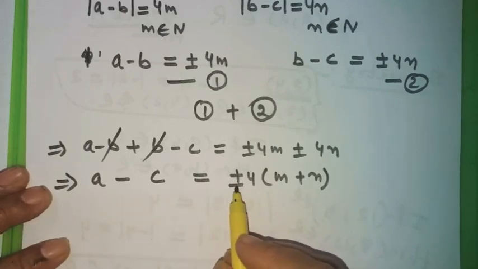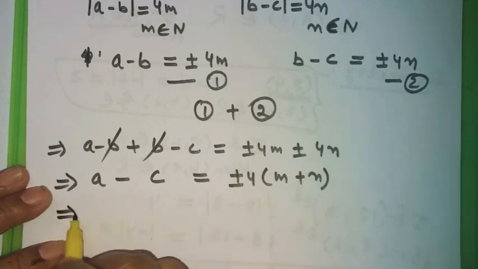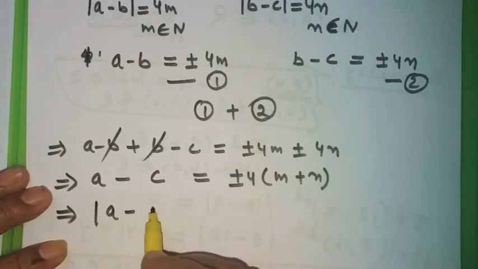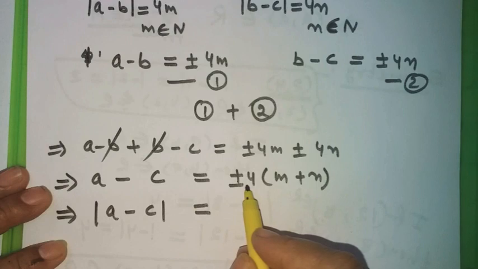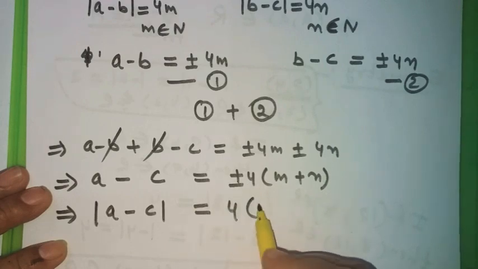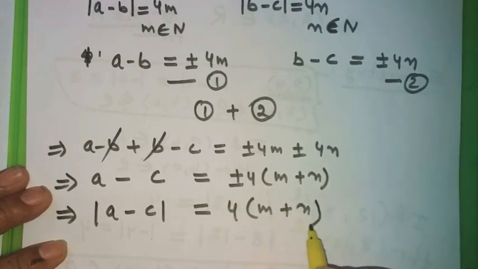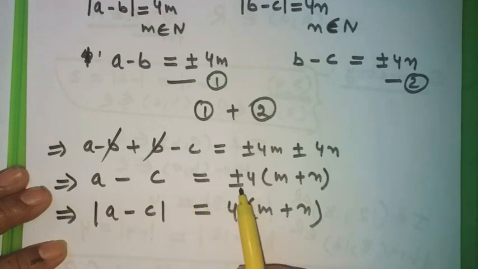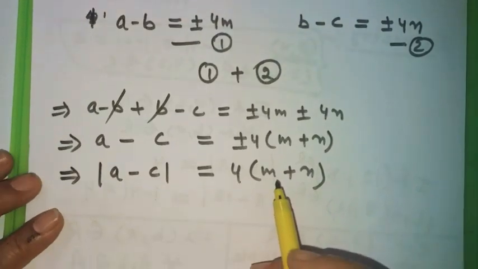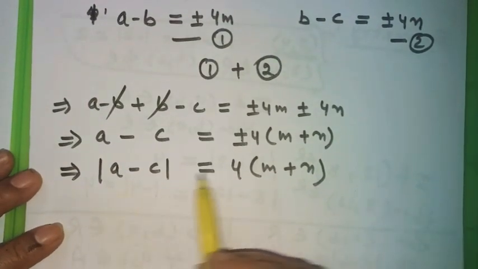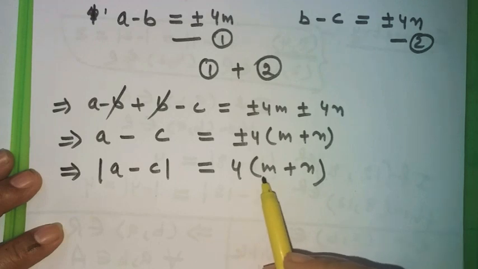If you want to put the mod sign again, then you can write it mod of A minus C and you remove the plus minus sign from right hand side. If you have to remove the mod, you apply the plus minus sign. If you have to put back the mod again, then you remove the plus minus sign. So I got that the difference of A and C is a 4 times some natural number.